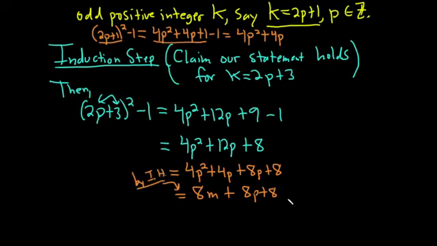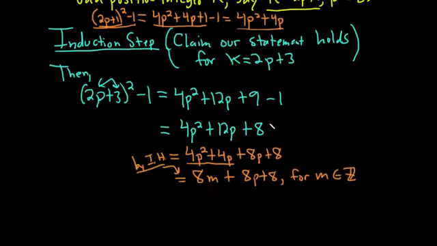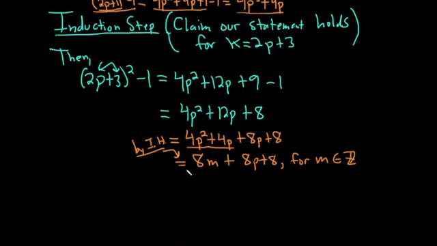That's the key step. And this is for m an integer. This is equal to this because that's what it means to be a multiple of 8, which it is. It's divisible by 8. We assumed it. So then we can factor out an 8.